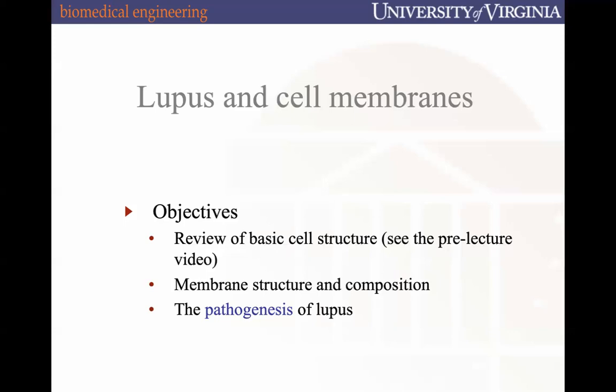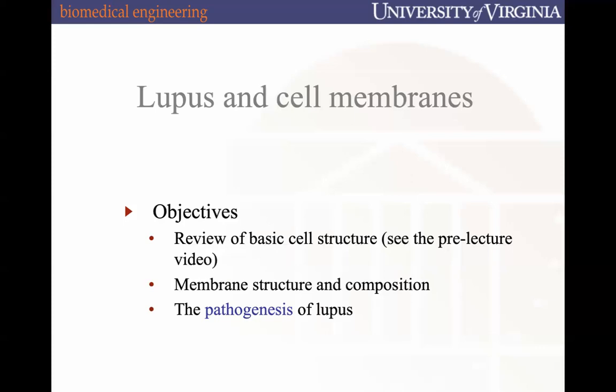Definitely a good point. Okay, so jumping into today's lecture material, we're going to focus on cell membranes, and lupus will be our disease topic. A couple of the learning objectives for today: we're going to review the basic cell structure in terms of the composition of the cell membrane, a couple of these structural components and their composition, and then some of the pathogenesis of lupus.